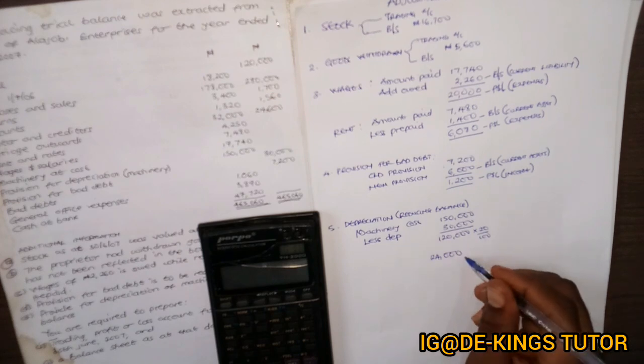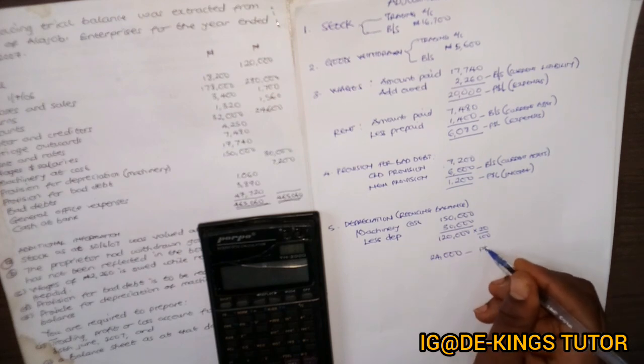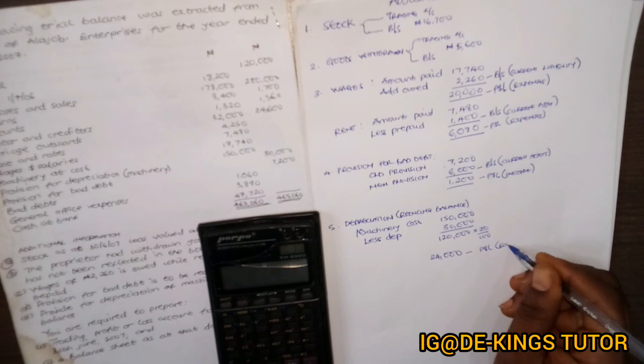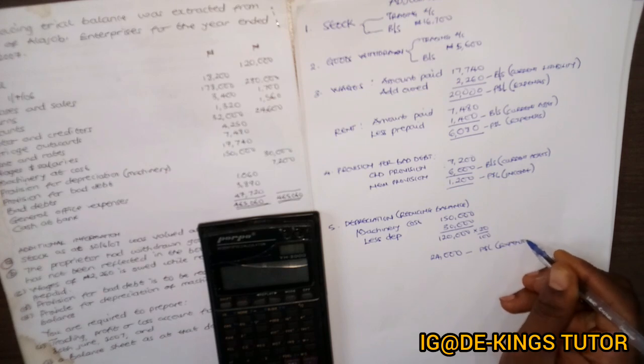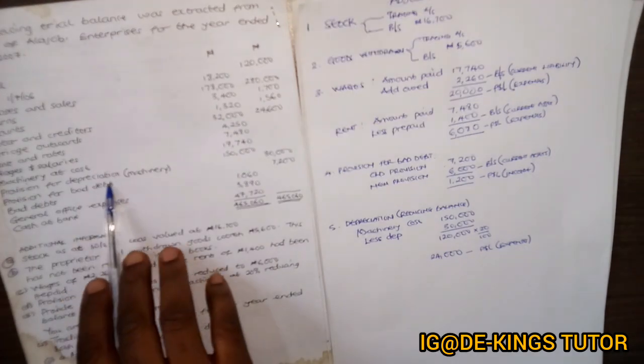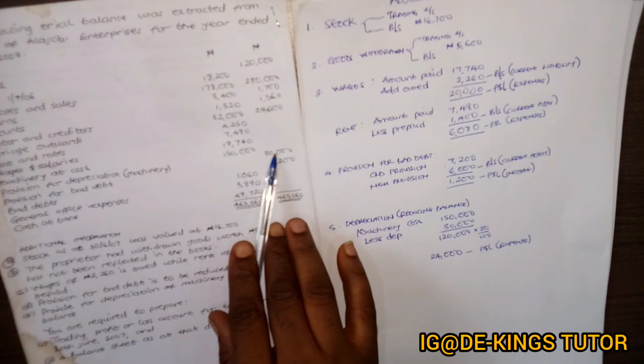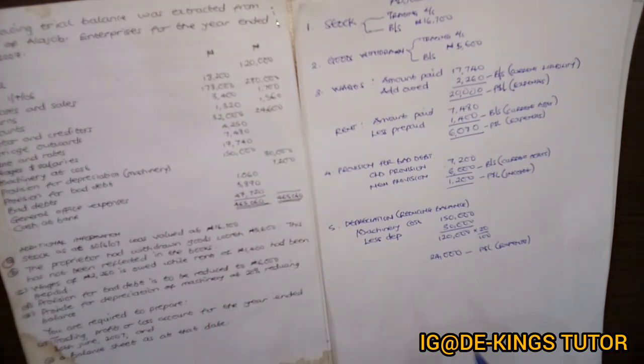And this 24,000 is what will go to the profit or loss account as an expense. Now, when it comes to the balance sheet, because we already have a previous balance for depreciation, what do we post?